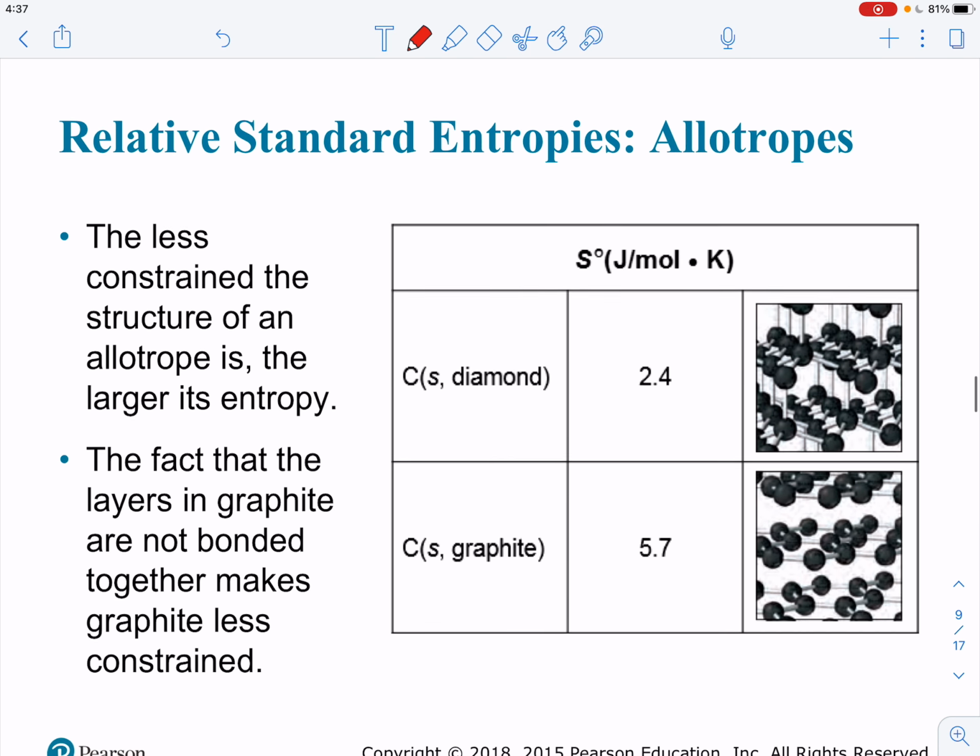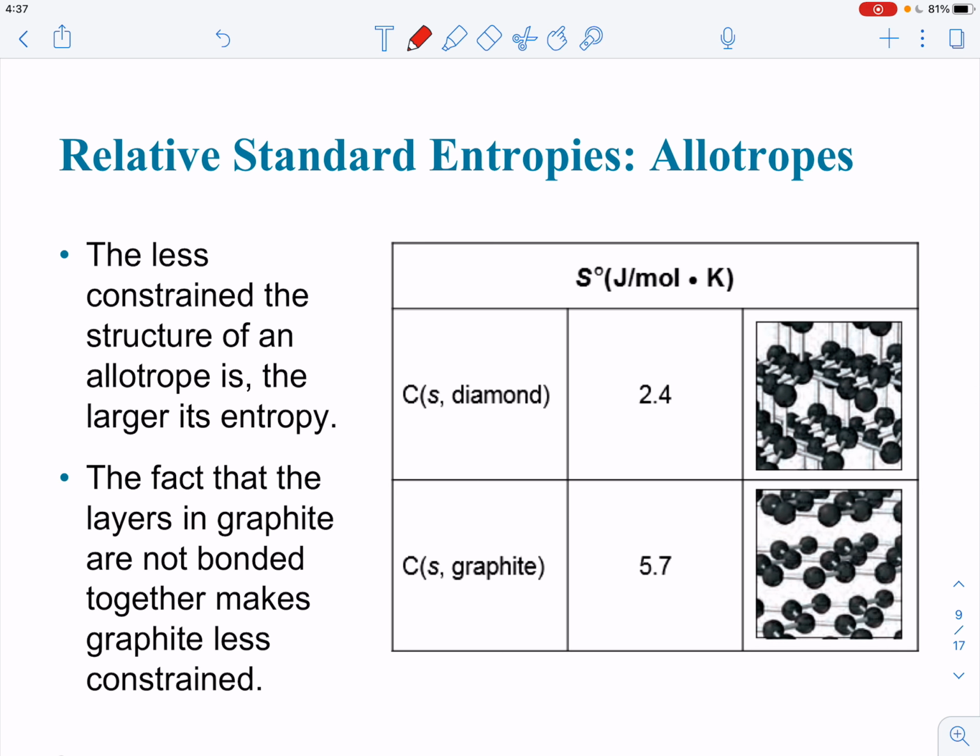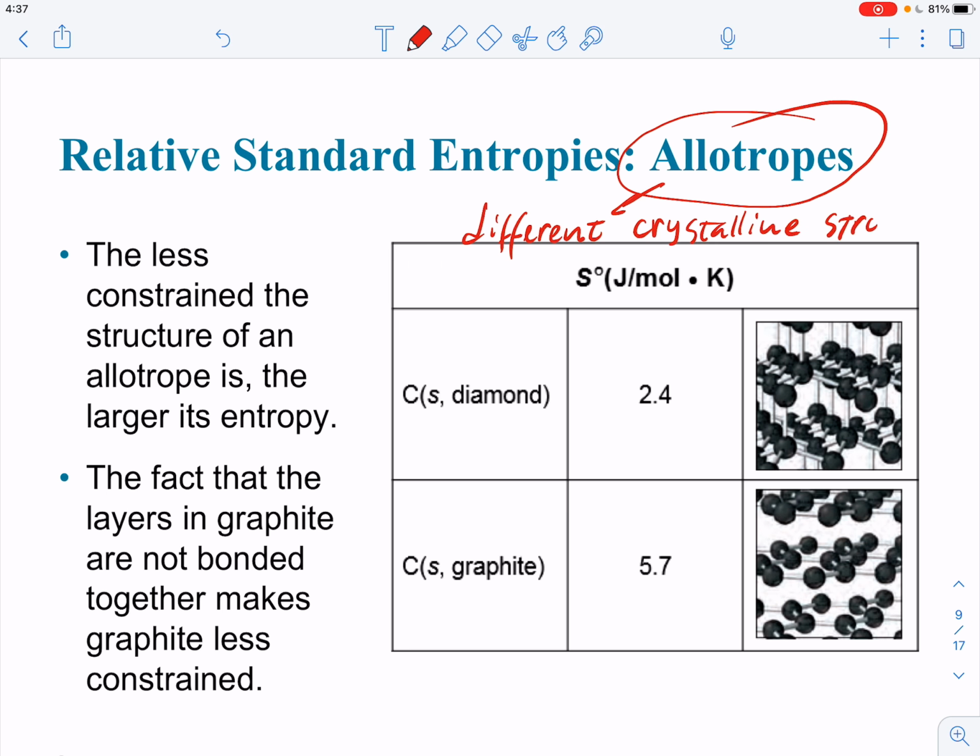Now the next factor, allotropes. Let's put it this way. They have a different, let's call it crystalline structure. They are the same substance, it's just the way those atoms are organized is different, okay?